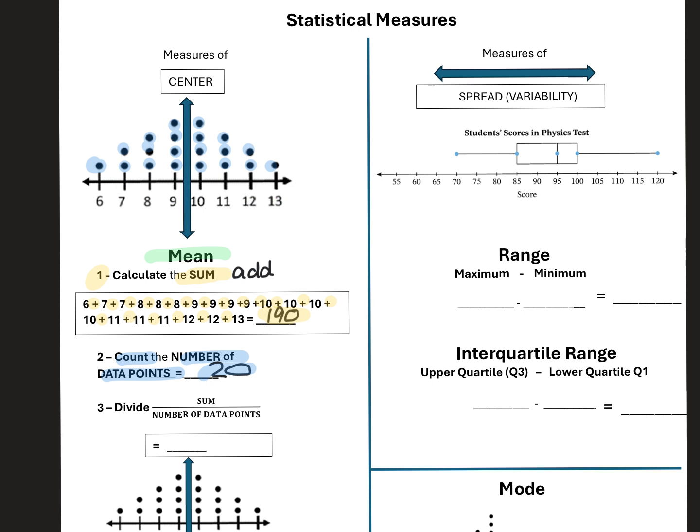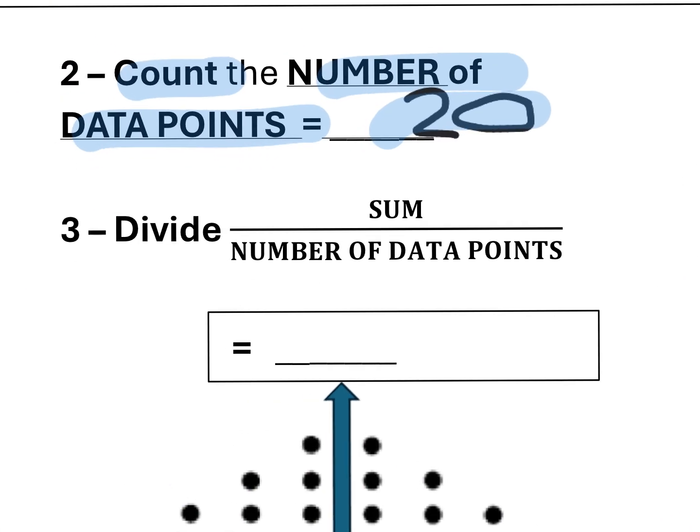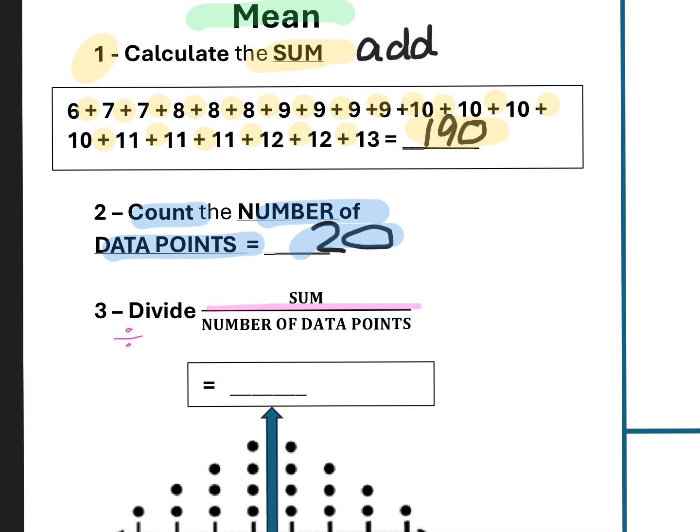And in big kid math, now that we're in algebra, even though, yes, technically this symbol is correct, the little baby division symbol, in big kid math now, we tend to use the division bar, just so you know. So then we need to divide that sum that we got in step one.